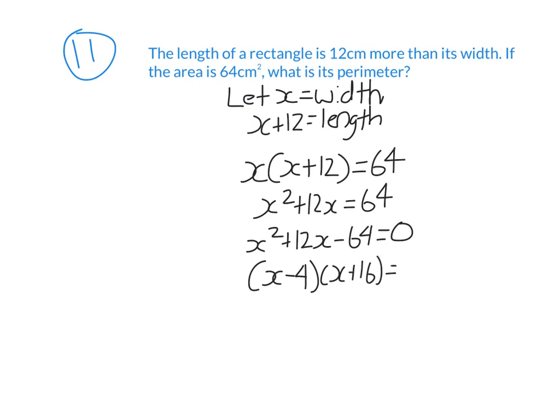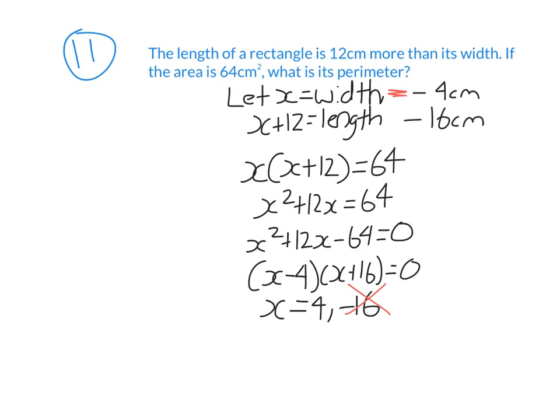So what that means is the 2 solutions are 4 and negative 16. However, because in this occasion x is the width of something, we can't have a negative width. We reject that solution and we conclude that x equals 4. So that means the width will be 4 centimeters and the length 16 centimeters.